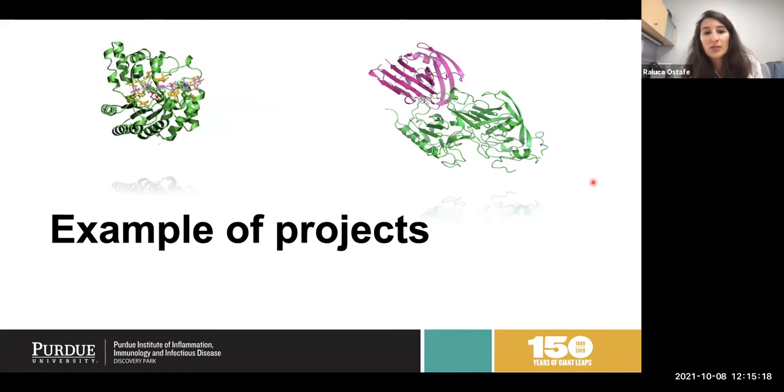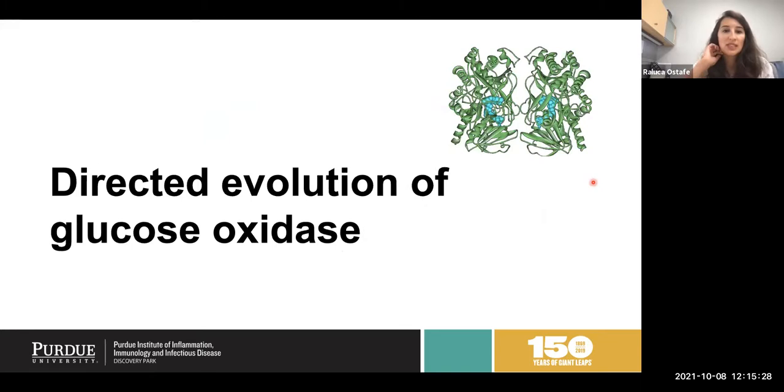And now I will try to give a more detailed example of one of the proteins that we were using for some application, and more specifically the direct evolution of glucose oxidase. We are working at the moment with multiple enzymes, but they are in collaboration with industrial partners, and therefore I would not go into details about those projects.